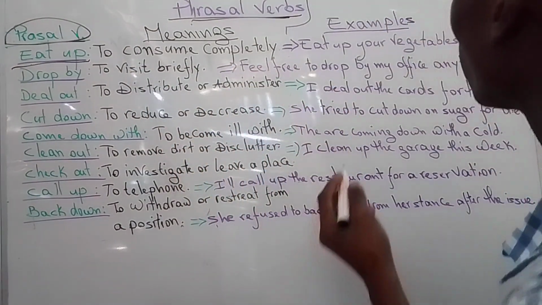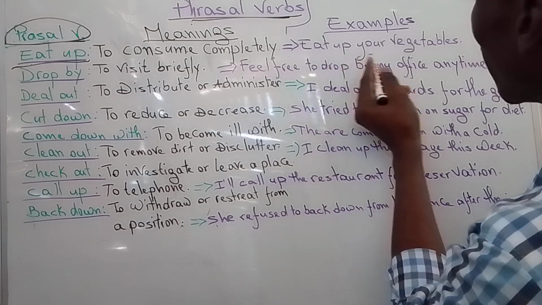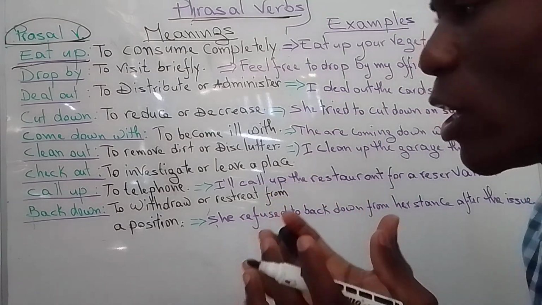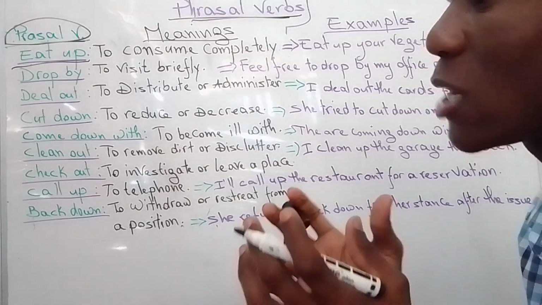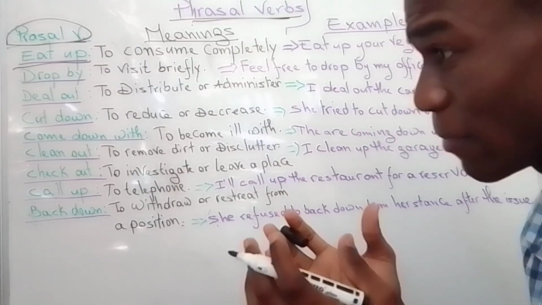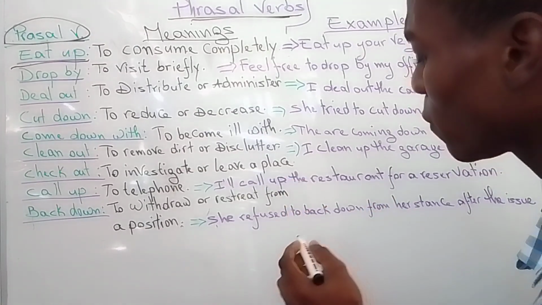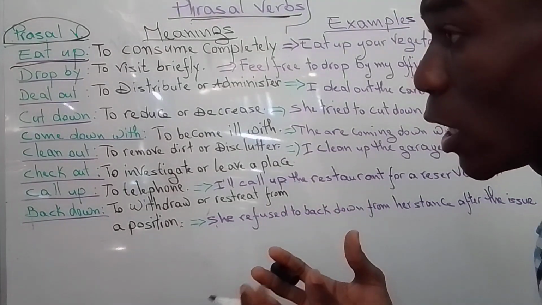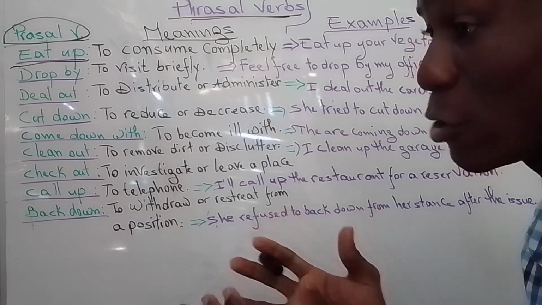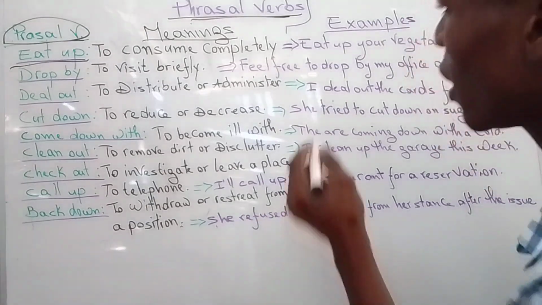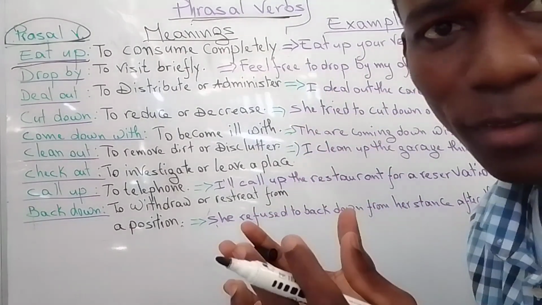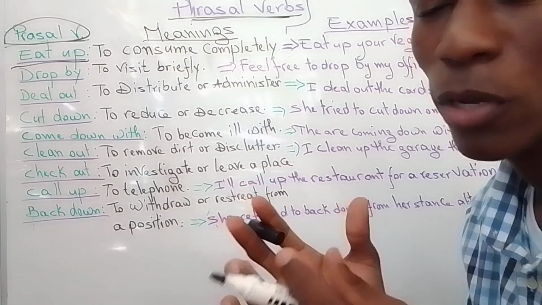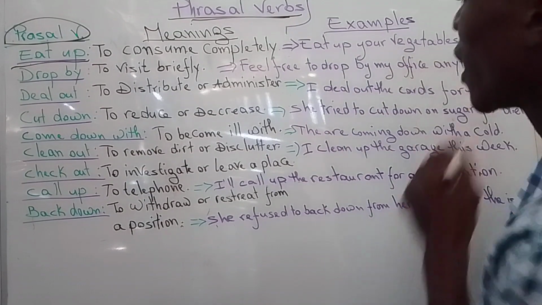The example that we have here is, eat up your vegetables. Let's say, for example, you have a child that doesn't eat a lot, and you give him some vegetables to eat in the morning, and he doesn't want to eat the vegetables at all, and you say, eat up your vegetables.